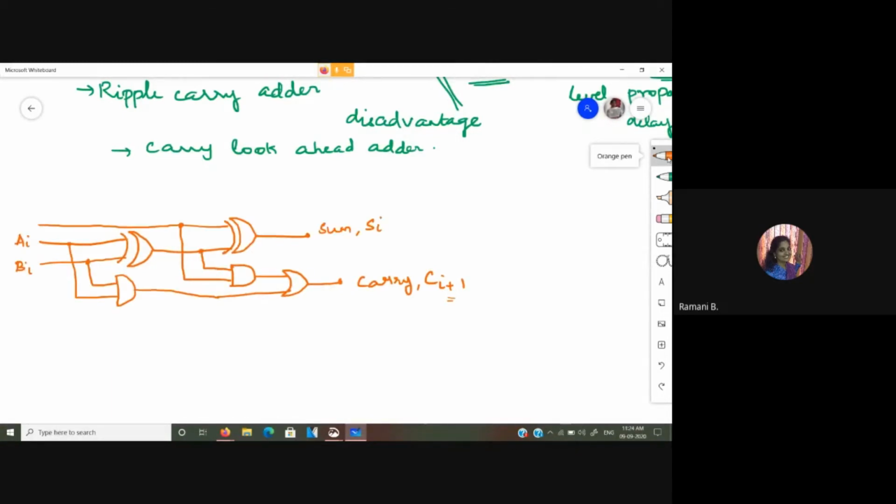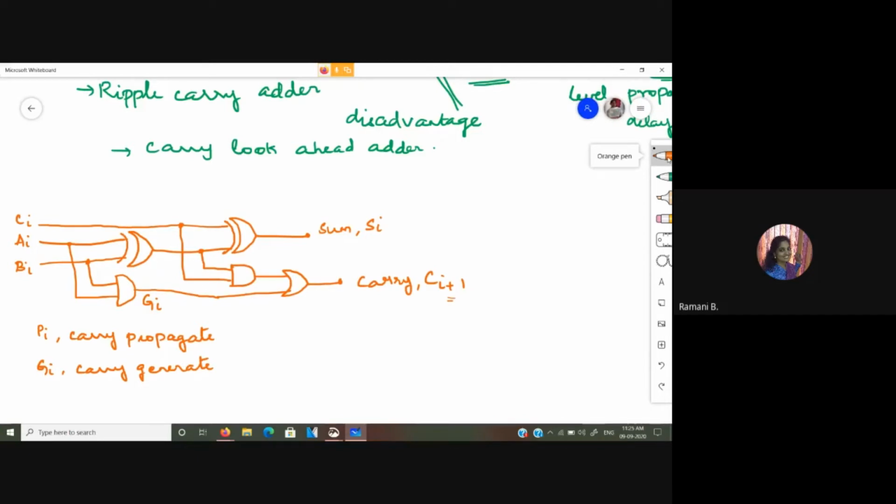So here, we name 2 intermediate variables: Pi, called carry propagate, and Gi, called carry generate. We call this variable Gi because this is the main component for generating the carry.